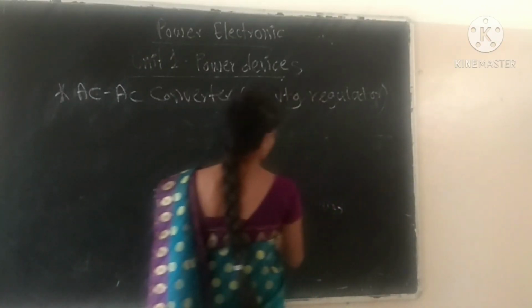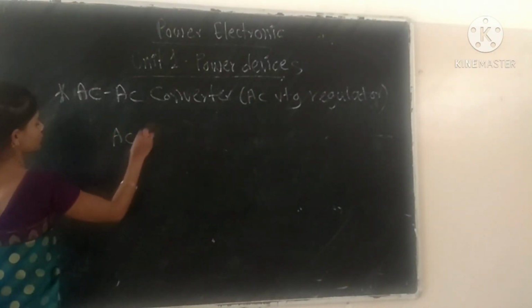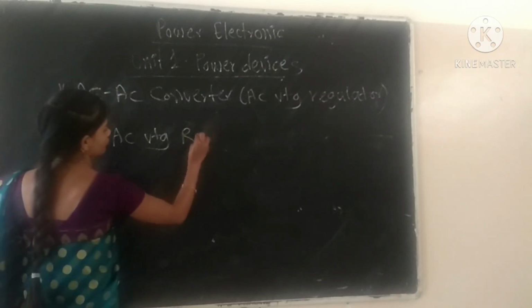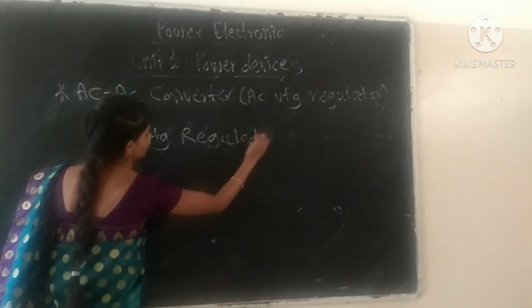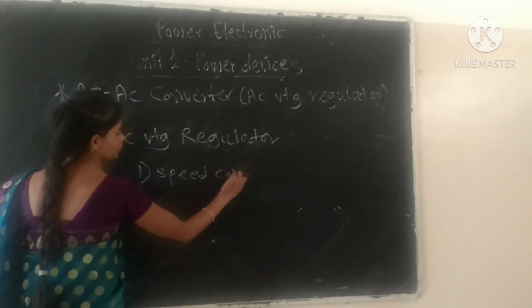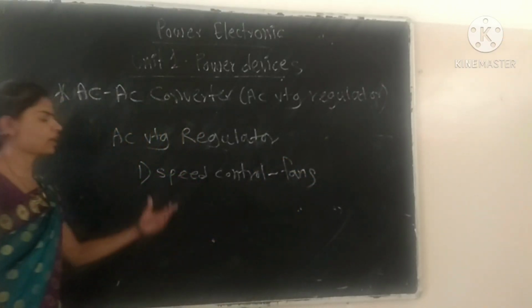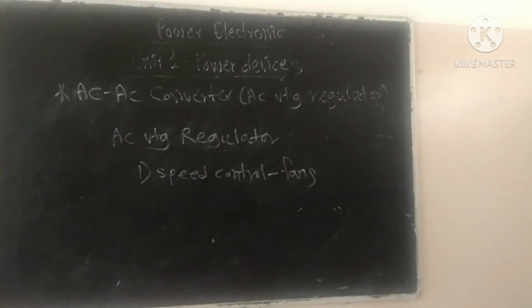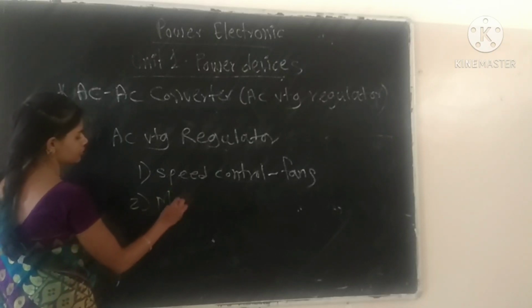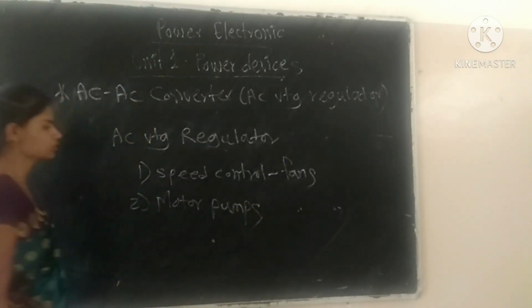For controlling the speed of fan blowers we use the AC voltage regulator, and for motor pumps, controlling the speed, we use the AC voltage regulator. These are the applications of the AC voltage regulator.